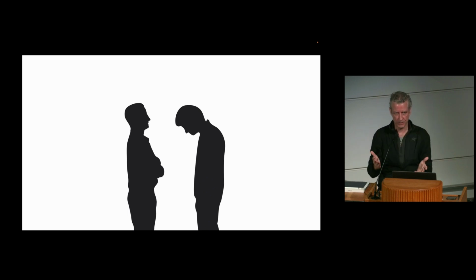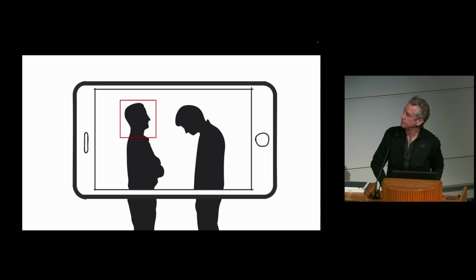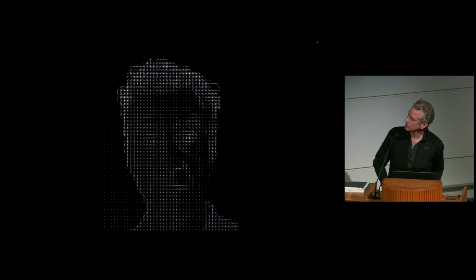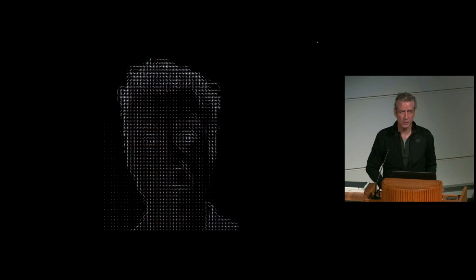Humans need to grab onto edges. We see edges first, and then we fill in the detail. We're very good at recognizing silhouettes because they could be potentially dangerous to us. But smartphones at the moment, while they might be able to detect faces, are not particularly smart. So this is me, sent to Fractal NYC, and they turned it into a histogram of gradients.